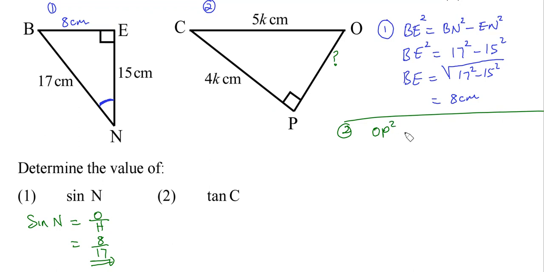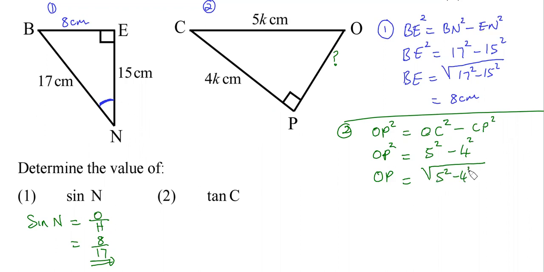OP squared is going to be equal to our hypotenuse, which we can start with, OC squared minus CP squared. Now let's put the values in. OP squared is going to be equal to 5 squared minus 4 squared, and OP here is going to be equal to the root of 5 squared minus 4 squared.